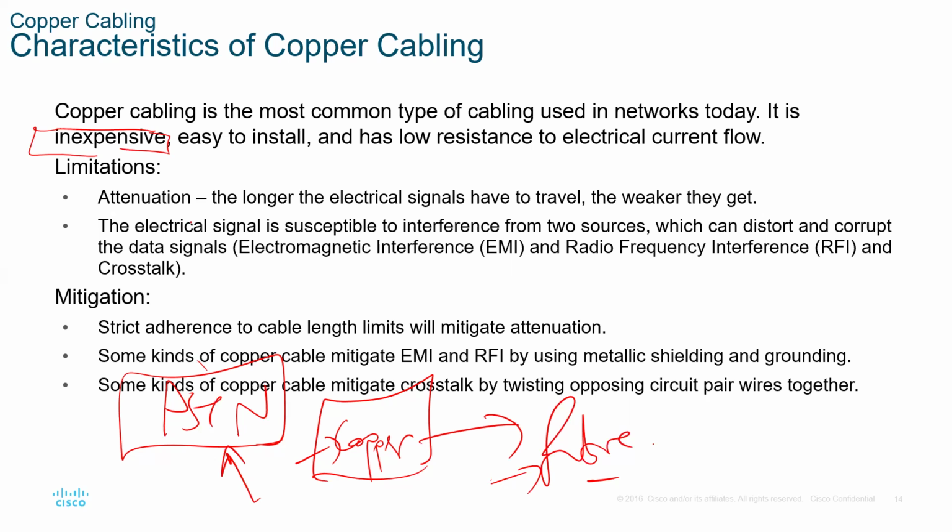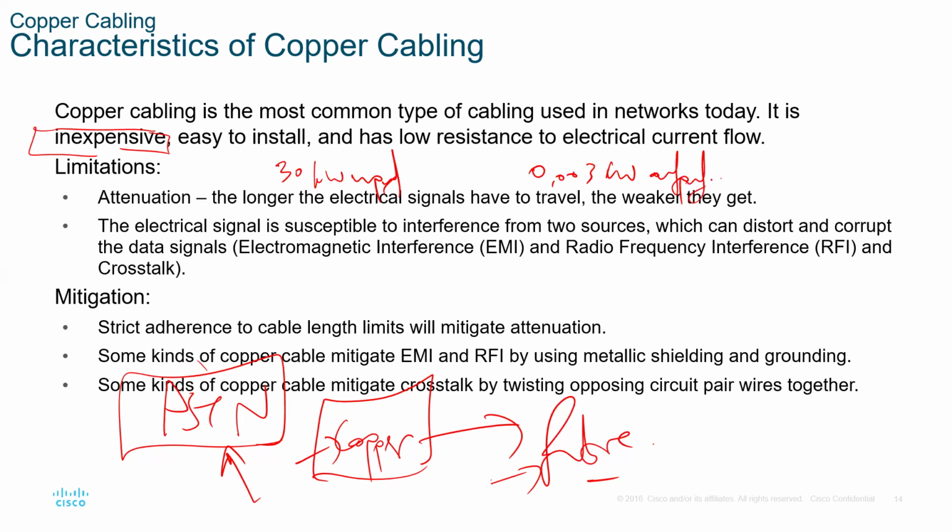Its limitations, attenuation, number one. Attenuation is loss of signal power. If the power signal starts at, let's say, 30 microwatts input and arrives at 0.03 microwatts output, that is what we call attenuation, loss of power.